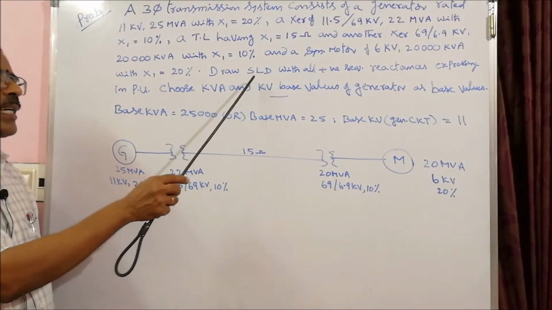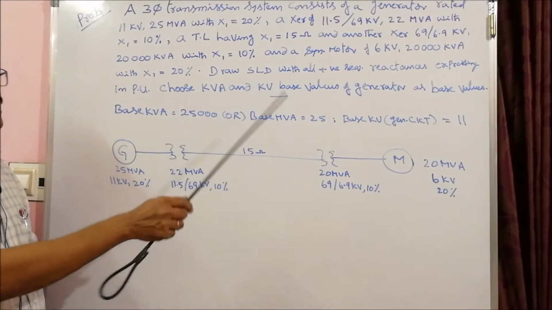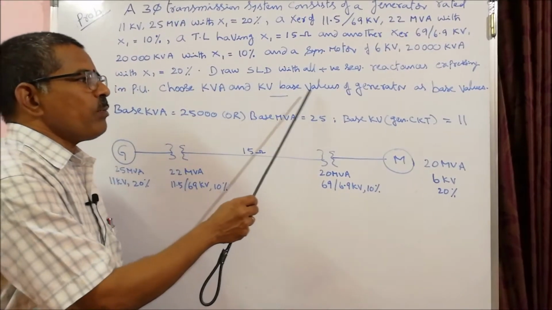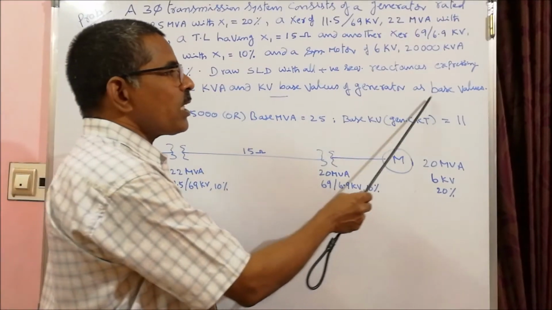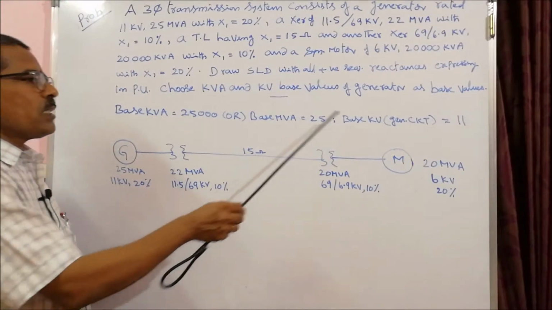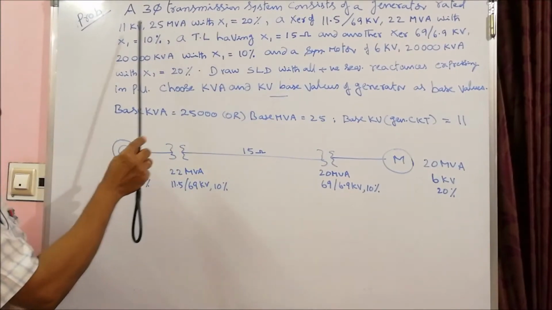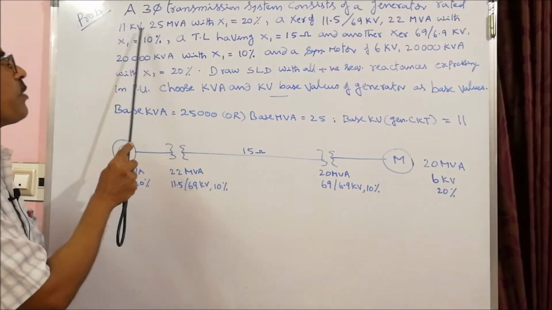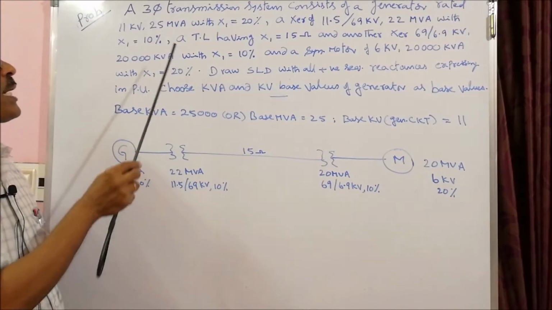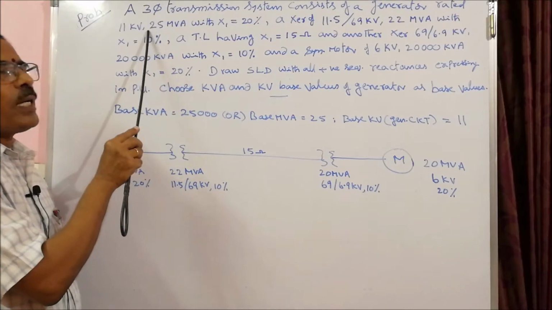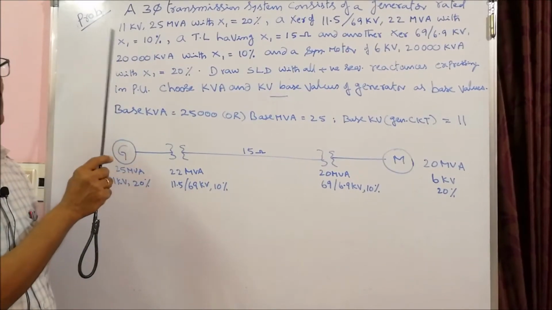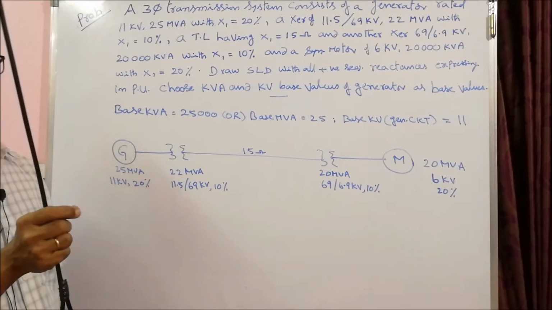You are asked to draw the single line diagram with all per unit reactances, choosing the kVA and kV base values of the generator as base values. So you need to take the generator values. The generator is rated 11 kV, 25 MVA. So you take a common base for the entire system: MVA base 25 and kV base 11 kV of the generator.